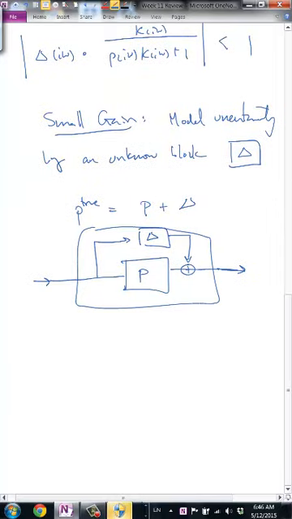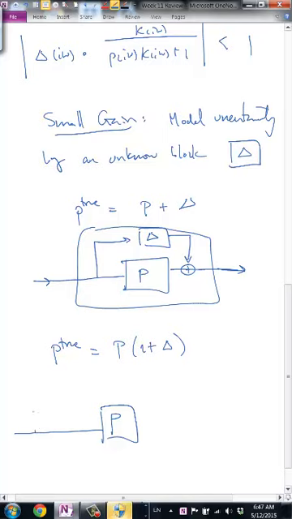This concept allows us to model many types of feedback. So for example, if instead of additive error you had multiplicative error, so if P true were equal to P times 1 plus delta, this makes a lot of sense because it's as though you have percentage error. Then the block P, we would modify by something like this.